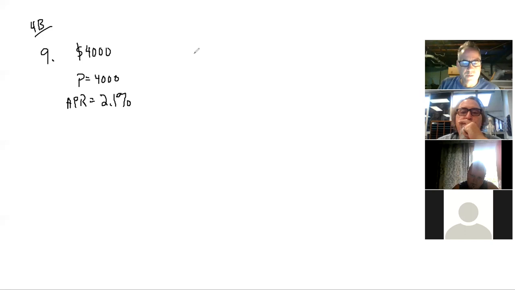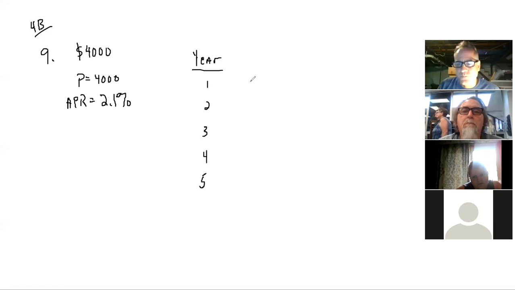And so you have a column here that says year 1, year 2, year 3, year 4, year 5. This will just be for Suzanne. Suzanne's annual interest, this is interest paid.